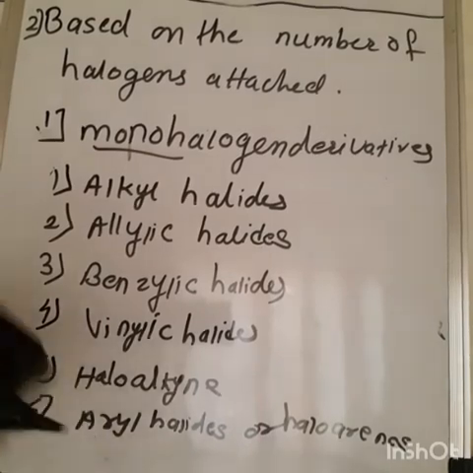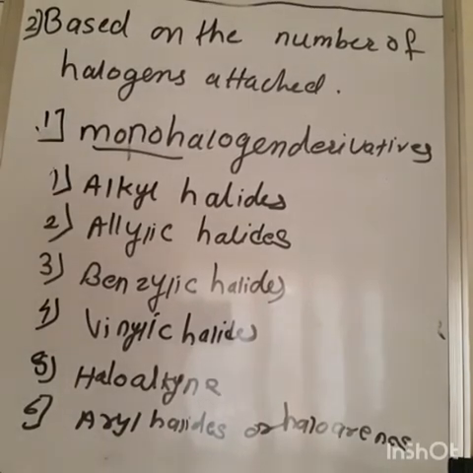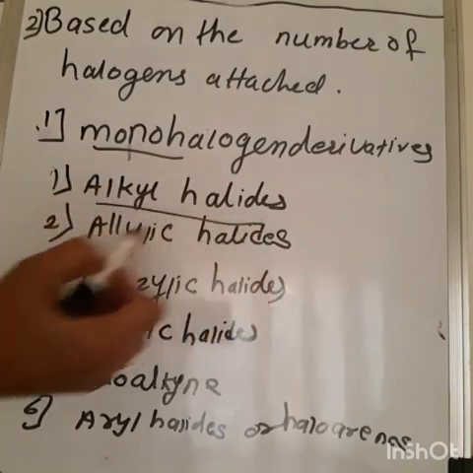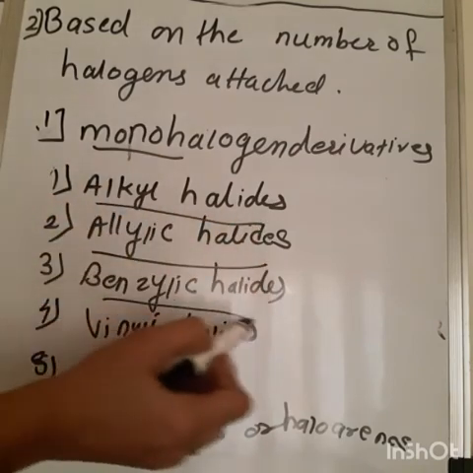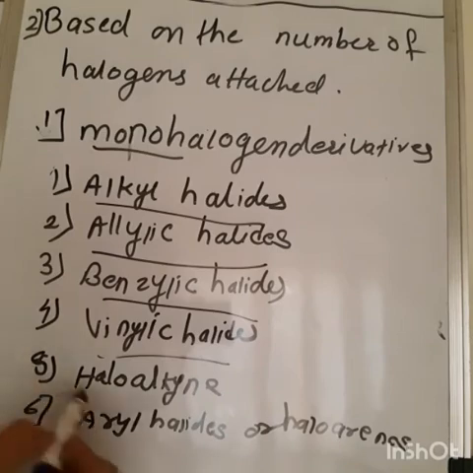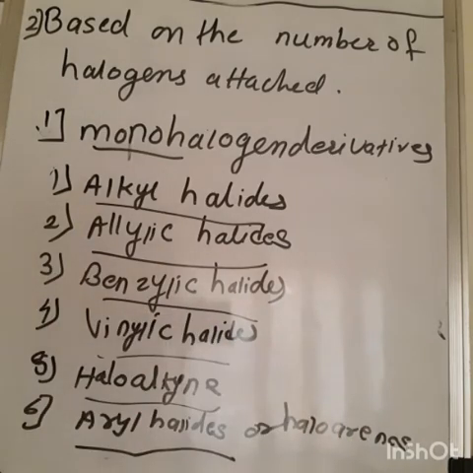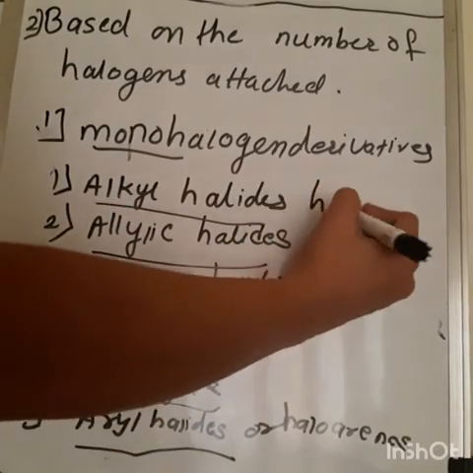Monohalogen derivatives are further classified into these six parts. Alkyl halides are also known as haloalkanes.